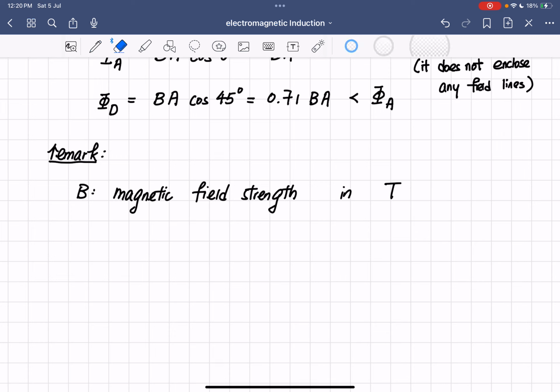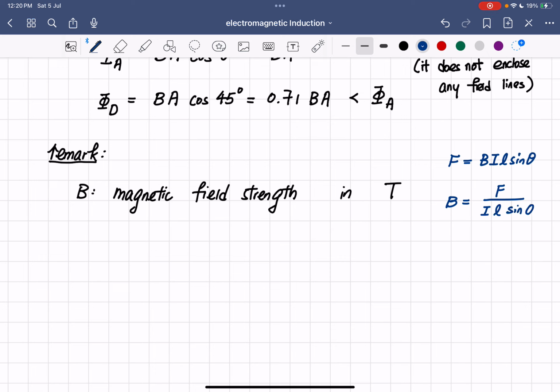It's well defined because the first time we see the symbol B is in the equation F equals BLI sine theta. So what is magnetic field B? It is the force per unit length per unit current when they are 90 degrees to each other. So everything is well defined.